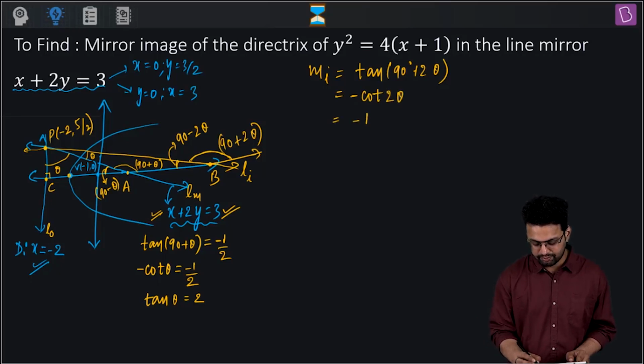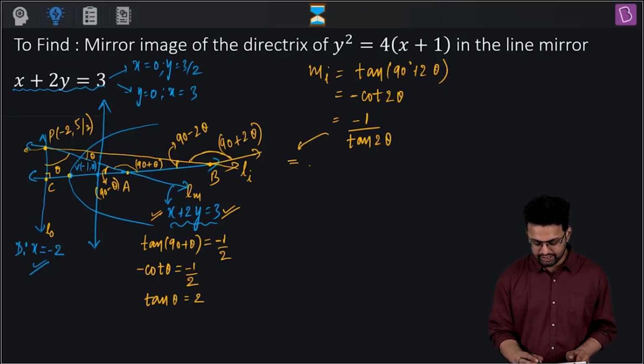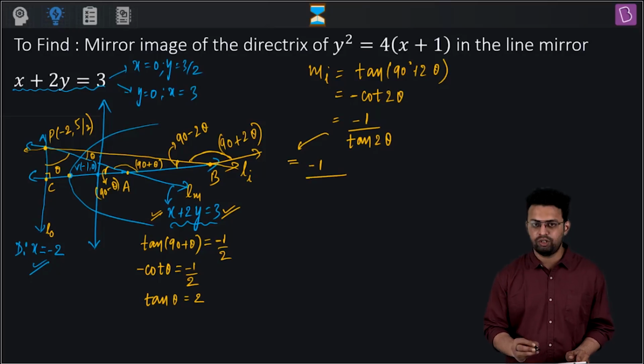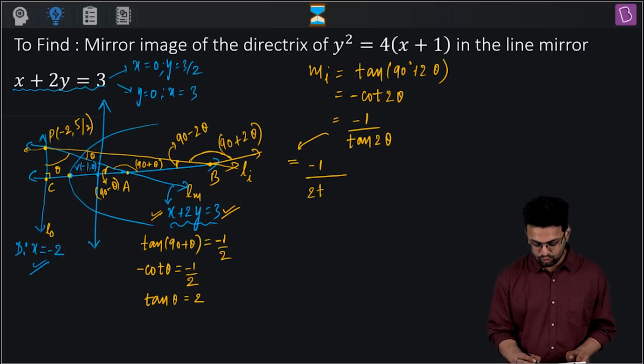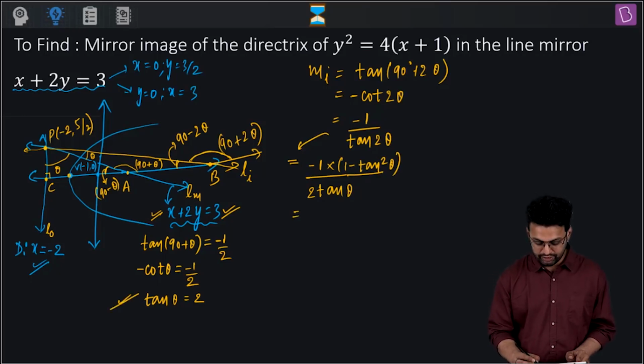This I can write as minus 1 upon tan 2 theta. Further I can write it as minus 1 upon, the formula of tan 2 theta is 2 tan theta upon 1 minus tan square theta. We already know the value of tan theta, so I'm putting this value over here.